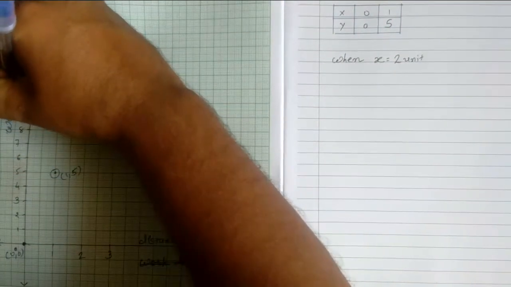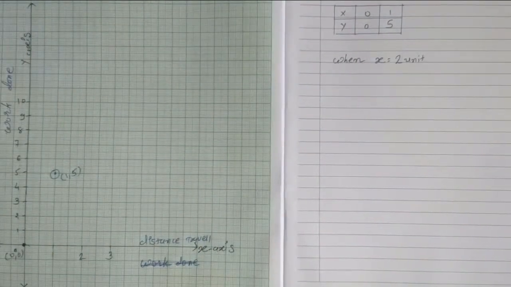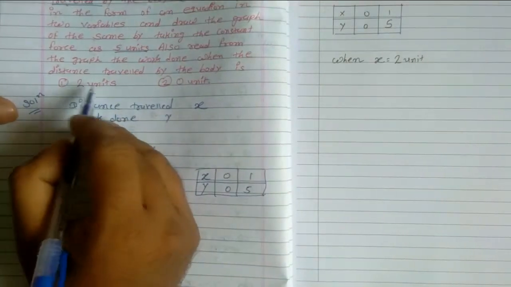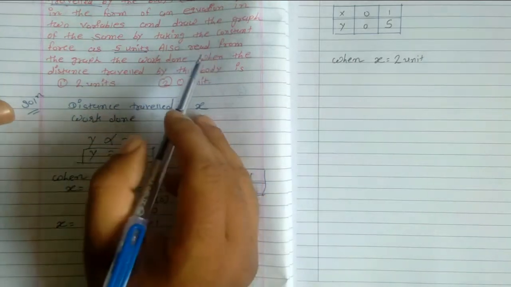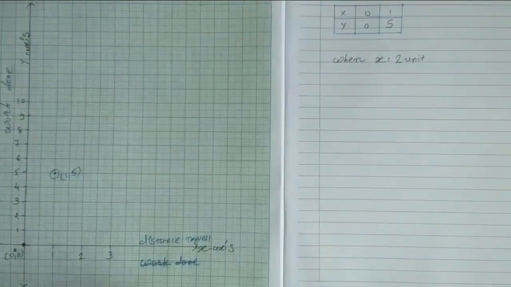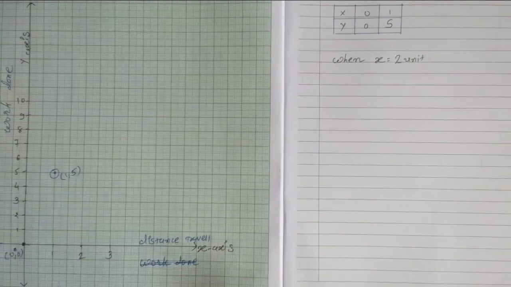This is our work done. So now the question is, when distance traveled is 2 unit, at that time we need to find out how much work is done. So distance traveled is 2 unit, 2 is here.